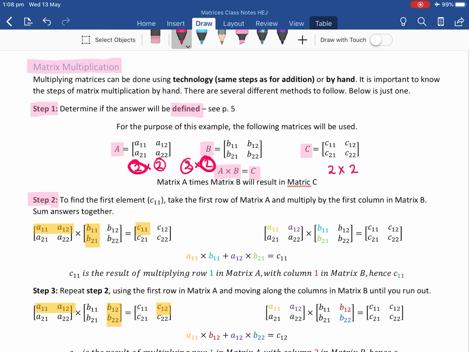So step 2 says to find the first element C11. Now remember, this 1, 1 is not eleven.